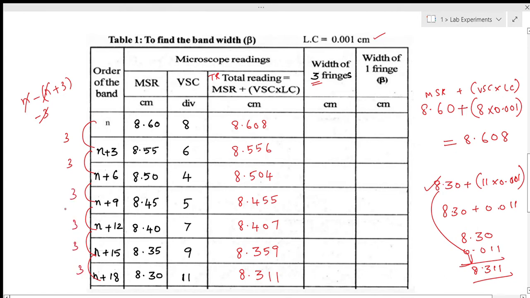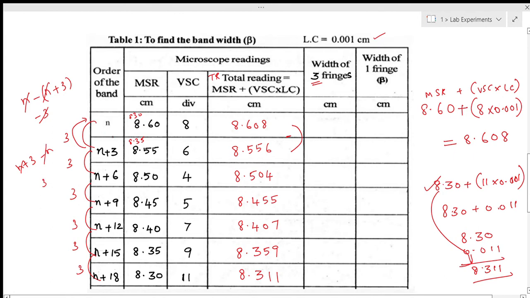The same way, it should be done in the total reading also: 8.608 minus 8.556. If it is supposedly in the increasing order, for example, 8.30 is here, let us assume, and 8.35 is here, then n plus 3 minus n should have been done in the calculator, and you will get the width of 3 fringes.